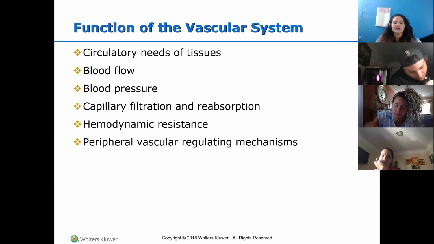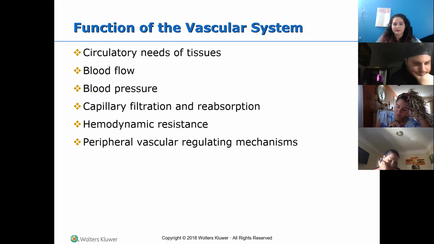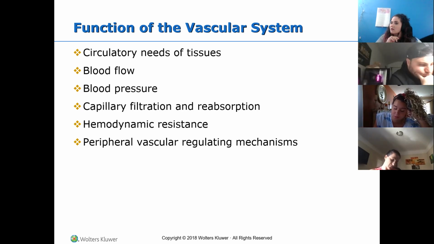Functions of the vascular system. You have circulatory needs of tissues, blood flow, blood pressure, capillary filtration and reabsorption, hemodynamic resistance, and peripheral vascular regulating mechanisms. Pretty basic, just statements.